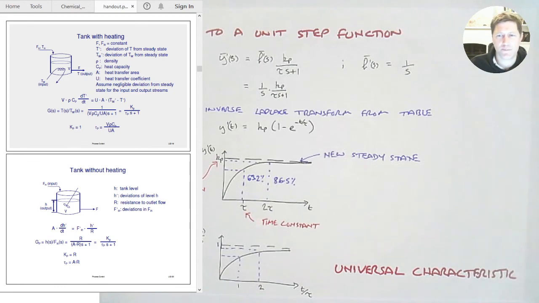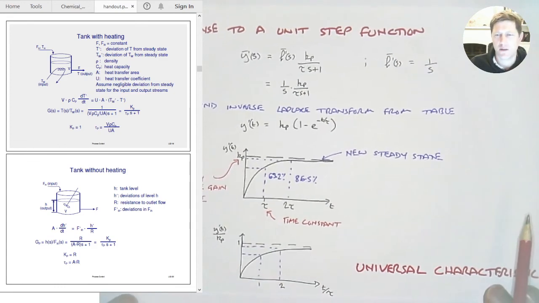We know already that the system's going to respond like this. This solution is applicable to it, and when it's written in these ratios, you can directly read off this. So when t over tau is equal to 2, that tells us what y dash over kp will be. We know what kp is, and so therefore we can find out what the actual response is at that point in time.